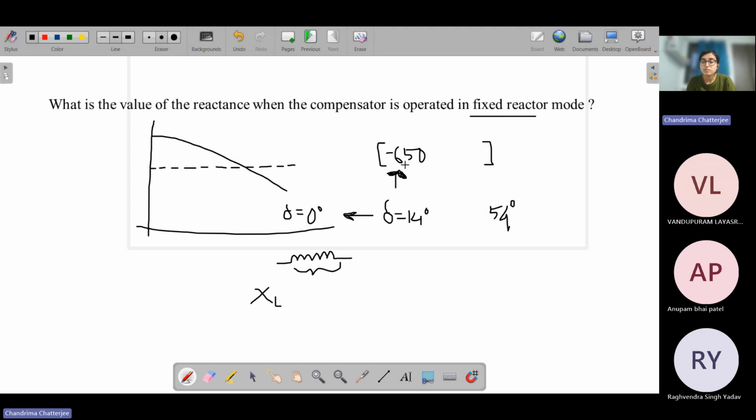So here at delta equal to 14 we will be able to maintain Vm at 1.05 times 735, right? 735.